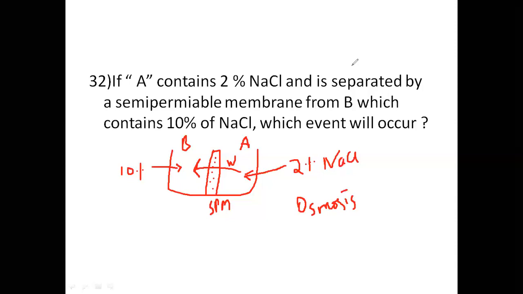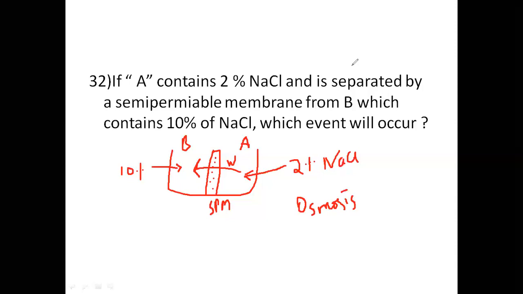So what is the formula? Pi is equal to CRT with the I. One formula. Or pi is equal to I into small m by capital M, this is the number of moles, into 1 over V into RT.